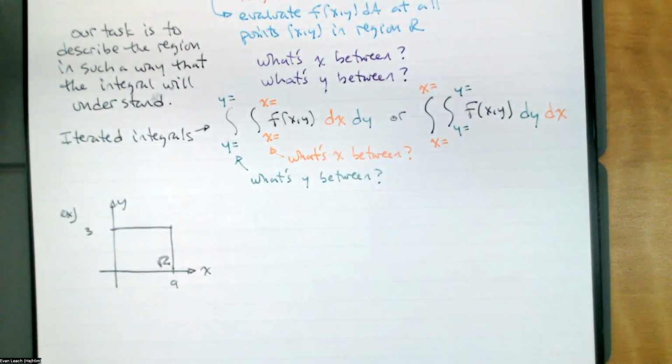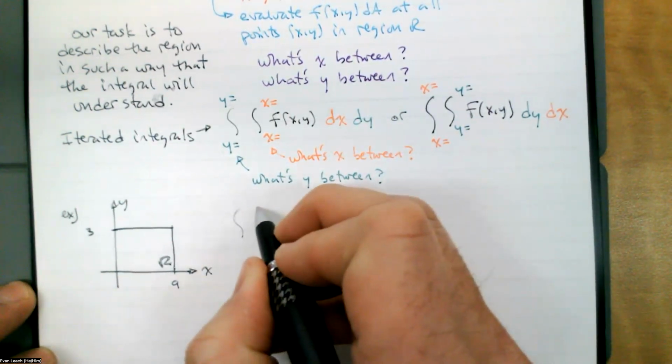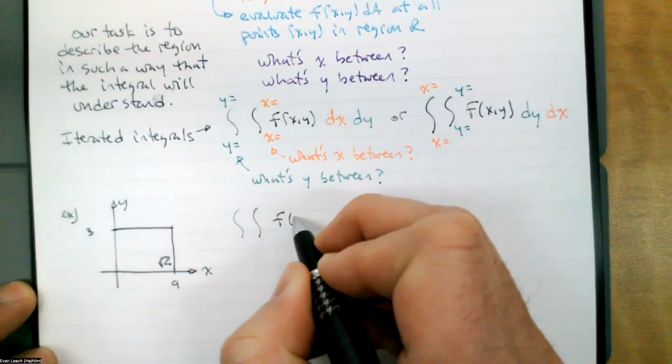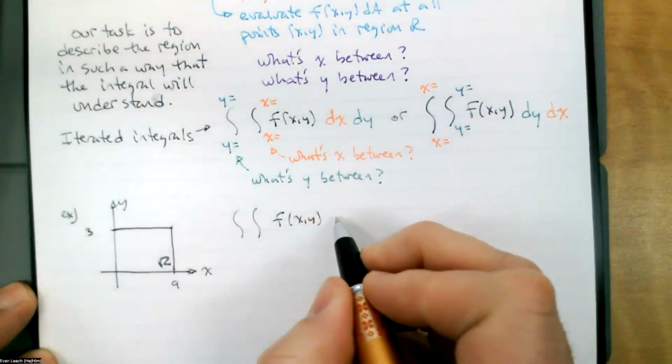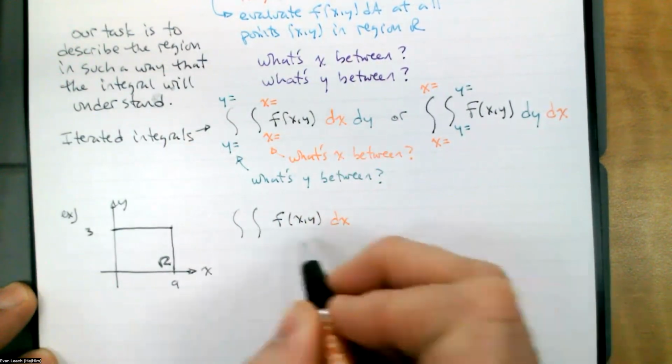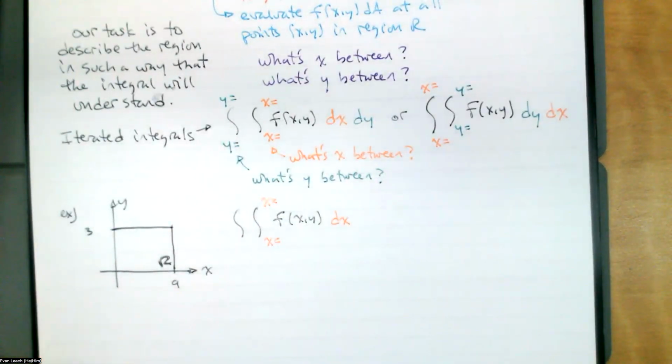The easiest thing that we could do is just set up a rectangle. We want to think about what's x between and what's y between. The function itself, not important. But we're going to set up two double integrals. One of them will be a dx dy integral, and the other one will be a dy dx integral. So in this case, we just have to look at what is x between.